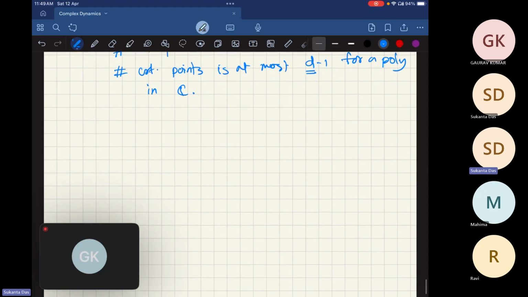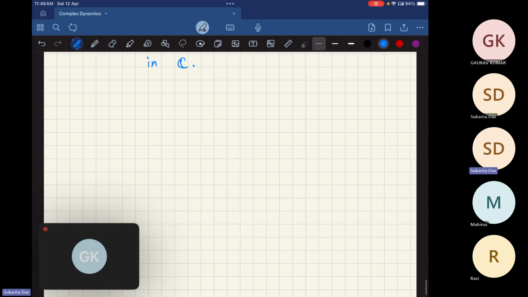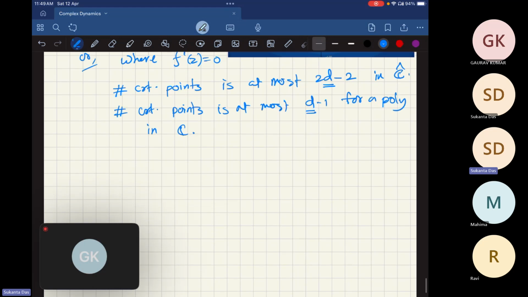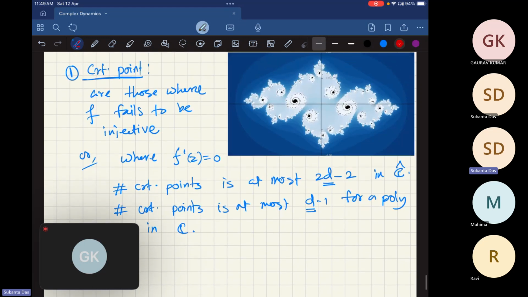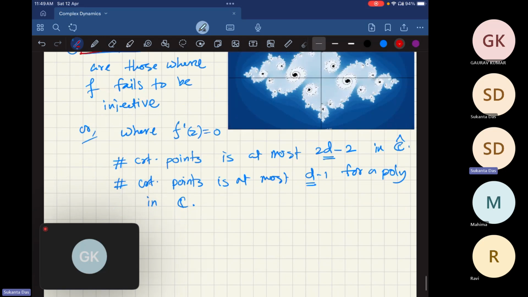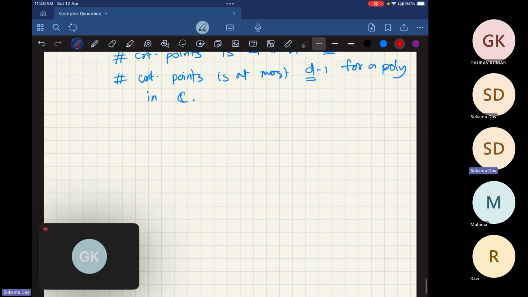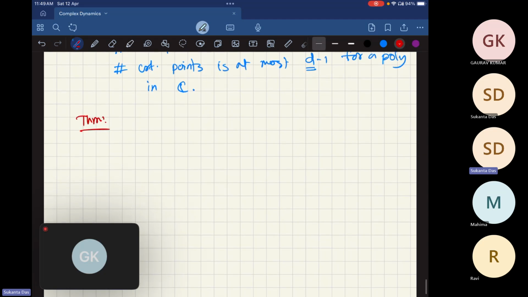Now I'll move on to this. Depending on these critical points and periodic points, as I mentioned earlier, the dynamics can evolve for a polynomial. So I'll just write this. This basically corresponds to the connectedness of the Julia set of a polynomial.